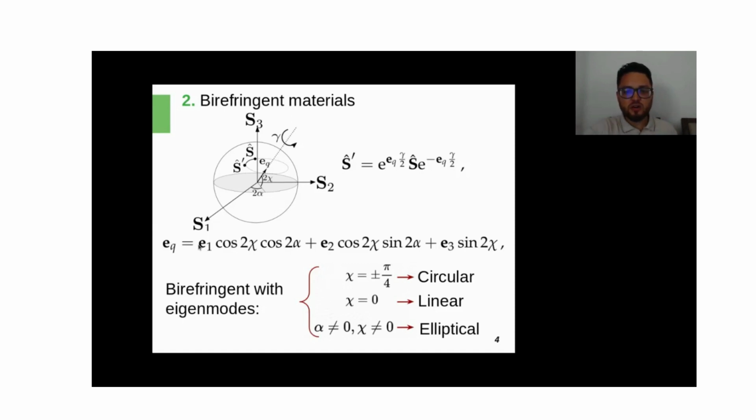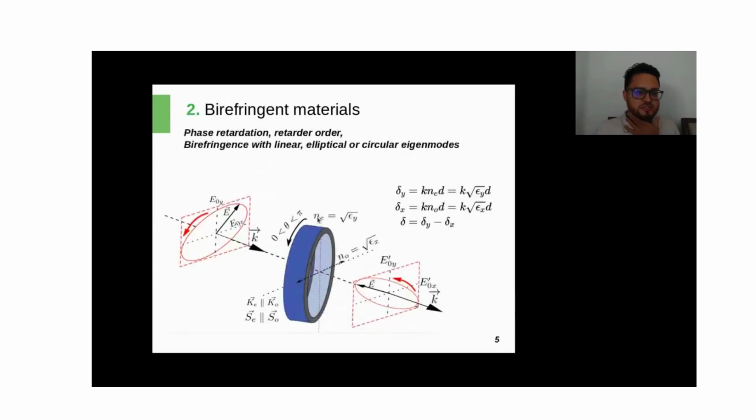Only by changing this vector, we can obtain several eigenmodes, circular, linear, or in general elliptical, only by varying this axis of rotation. So it's a more general framework to work with polarized light. This is the representation that we're going to work with.